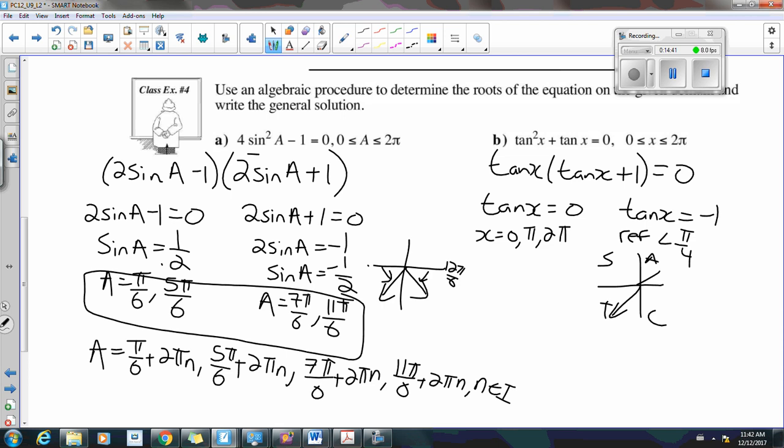Sorry, we want tan to be negative, so I'm in the wrong quadrants. We should be here or here. So it would be 3 pi over 4 for this quadrant. And the second solution would be 7 pi over 4.